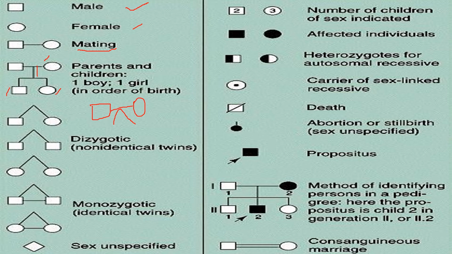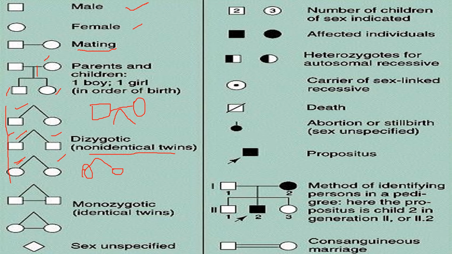In this case, one boy and one girl, here two boys, and here two girls. They are twins, but they are non-identical twins. The non-identical twins will be represented like this: a boy or girl, two girls, or a boy and a girl.